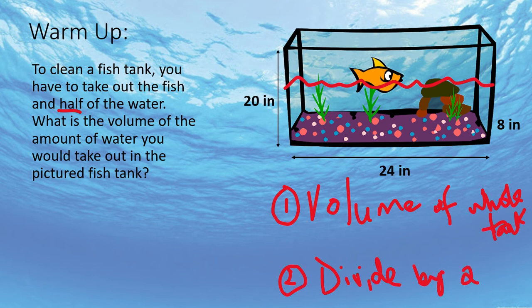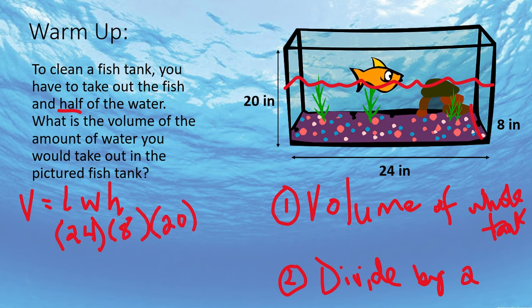Okay, now that we know what steps, let's plug in numbers and work it out. Volume of the whole tank is going to be, remember the formula, length times width times height. Length is 24. Width of this tank, that's the 8 right there, times the height of 20. You just multiply straight across.